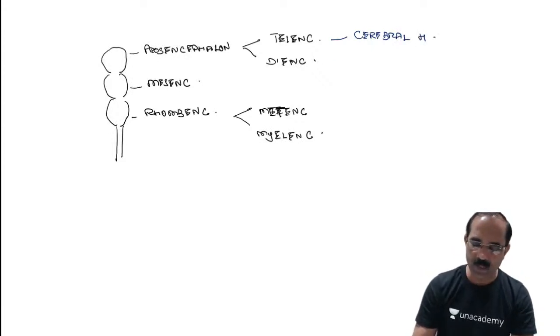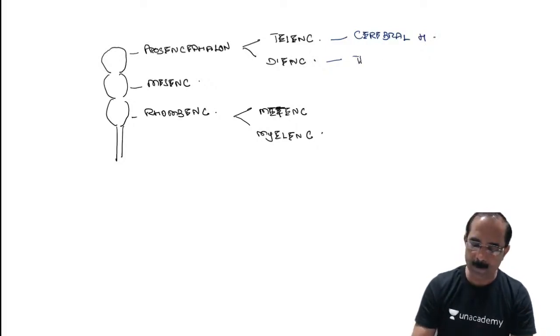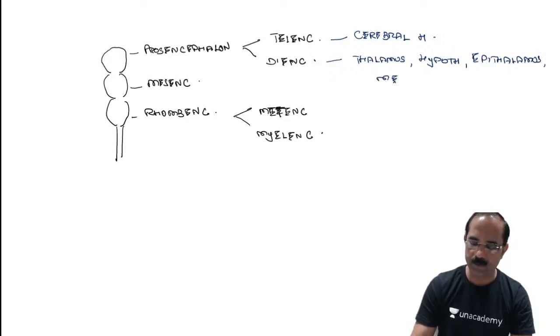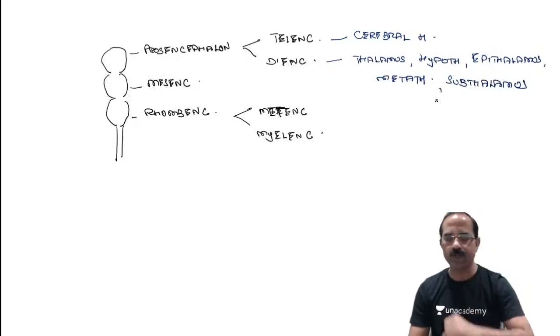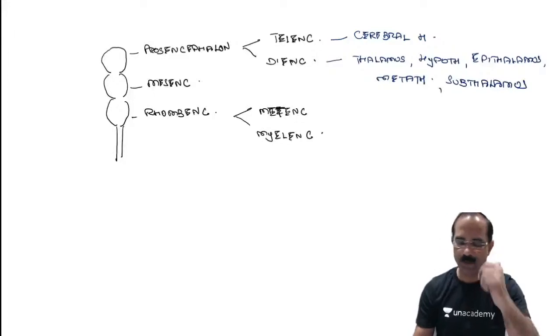The diencephalon forms 5 things: thalamus, hypothalamus, epithalamus, metathalamus, and subthalamus. These are the 5 things of the diencephalon.